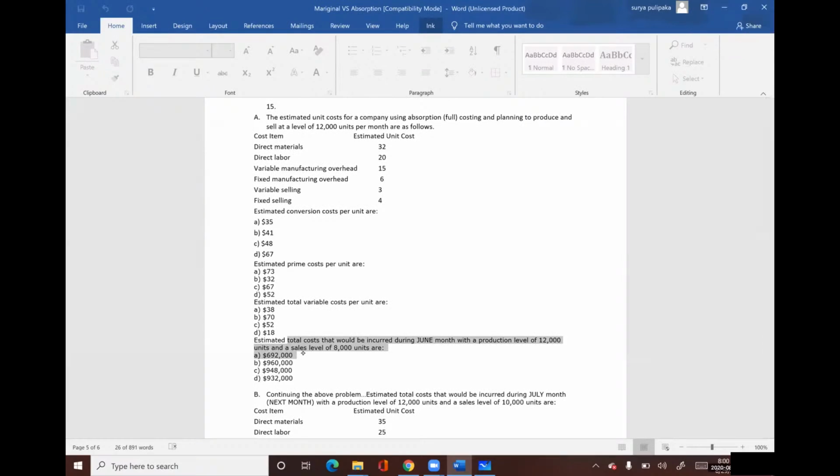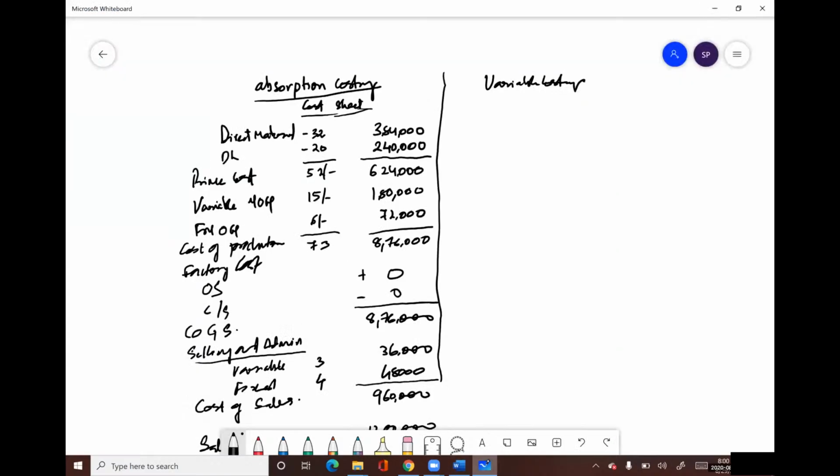Right. Now, let us use variable costing. Under variable costing, generally we can happily start with sales. Sales is how much? 8,000 units.